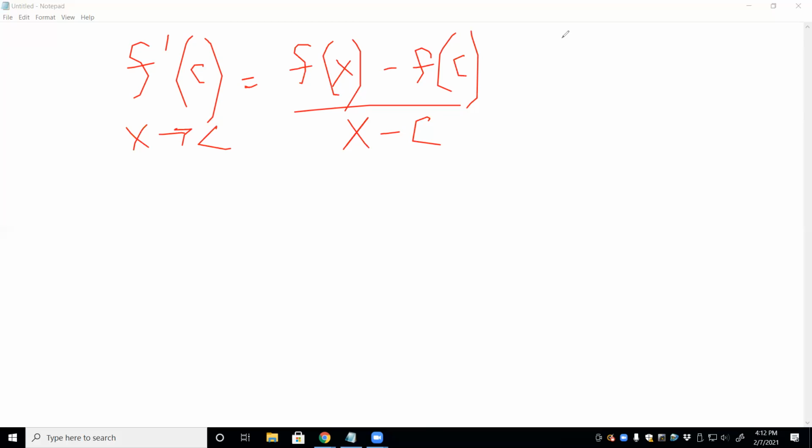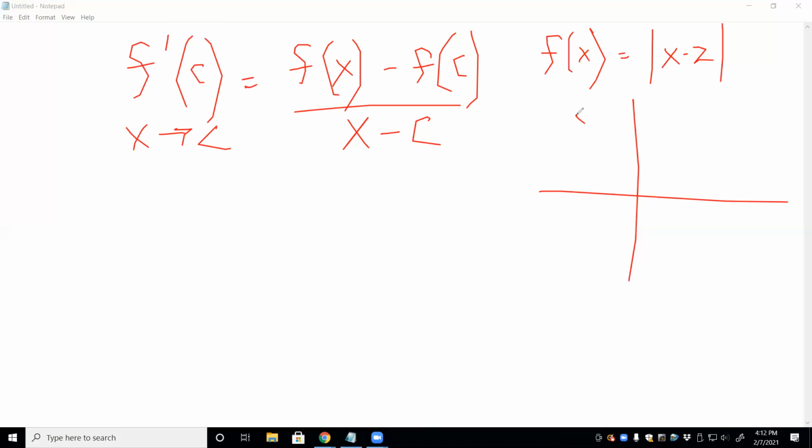If we take the function f of x equals the absolute value of x minus 2, which, if I graph that, basically looks something like that.